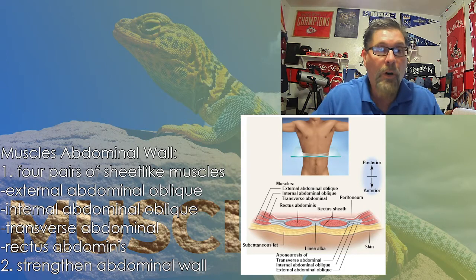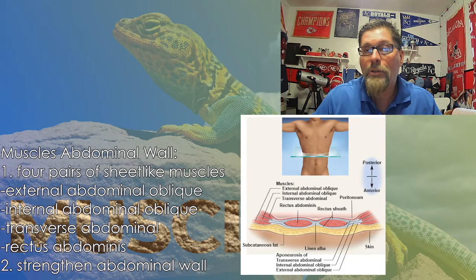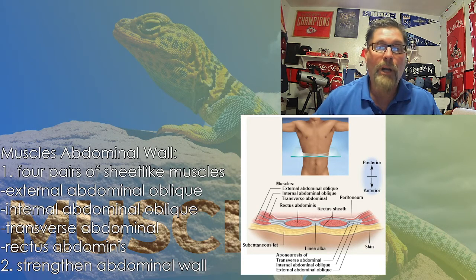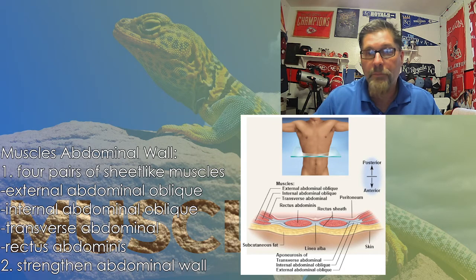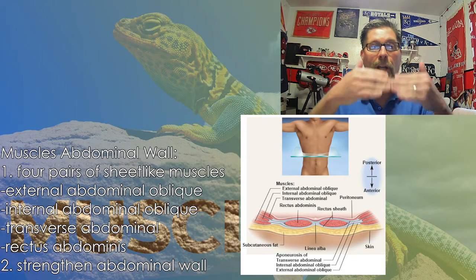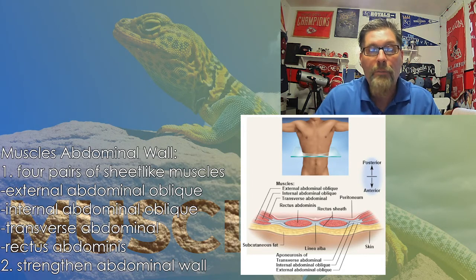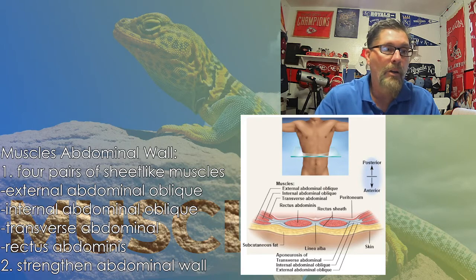Strengthening the abdominal wall, supporting the trunk, supporting posture, breathing, lots of uses for the abdominals. But the four main areas that we're going to be looking at are the internal and external abdominals, the transverse, and the rectus, and each one of those is a layer inside of the previous one. So it's a four-layer system to build that.